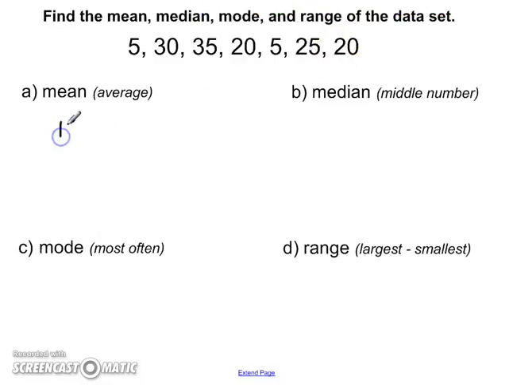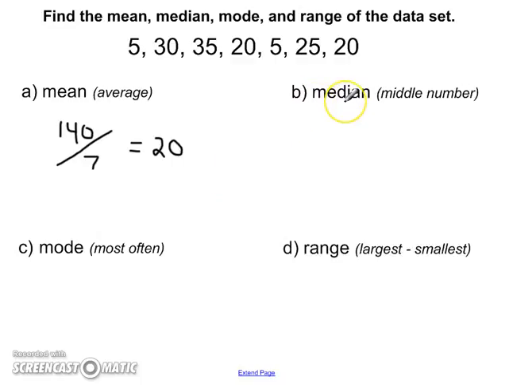I just added all those together. Sum of 140. I take that and divide by the number of numbers in the set. There are 1, 2, 3, 4, 5, 6, 7 in the set. So 140 divided by 7 in this particular case is 20. So my mean, my average, is 20. Again, add up all the numbers in the set, divide by the number of numbers in the set.